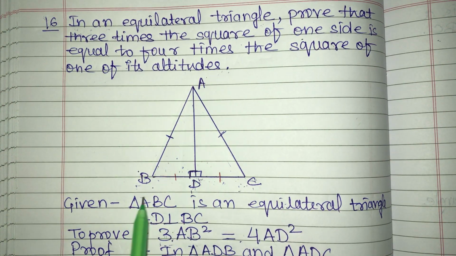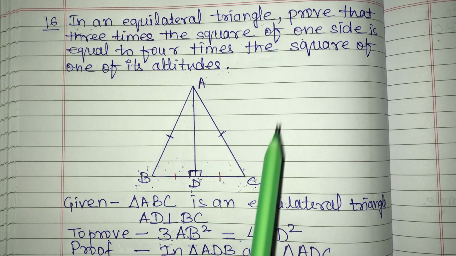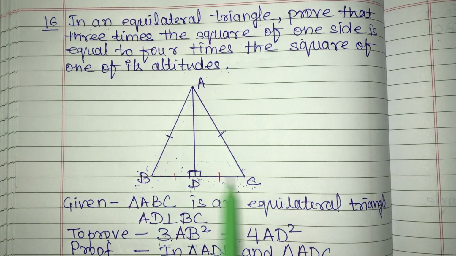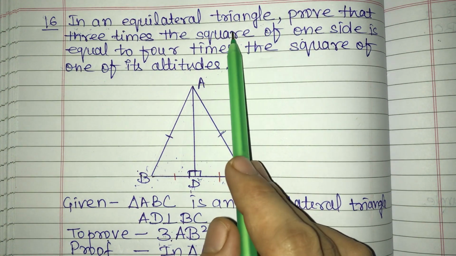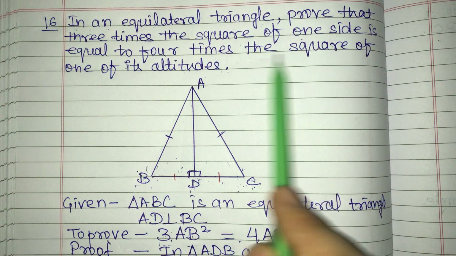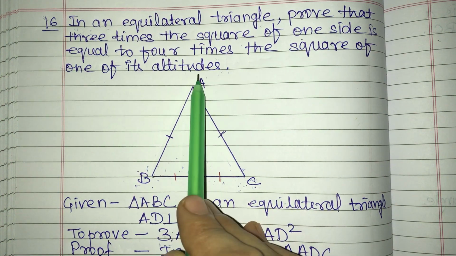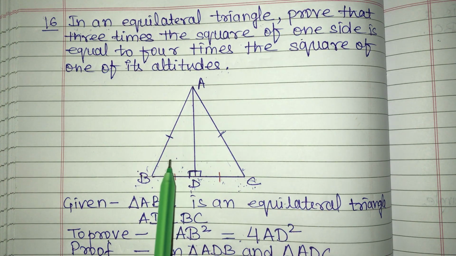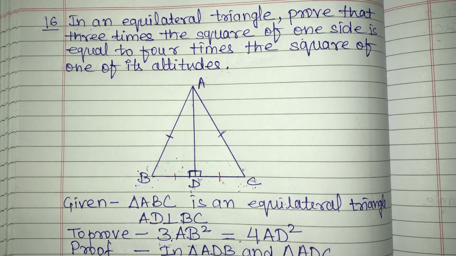So we have an equilateral triangle ABC and we want to prove that the square of one of its sides, I can take any one of its sides, the square of that side is equal to 4 times the square of one of its altitudes. So I am taking one of its sides and one of its altitudes.